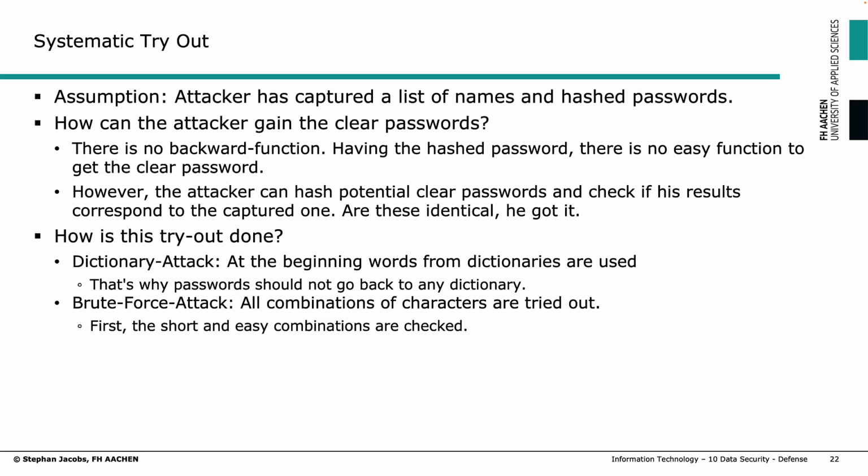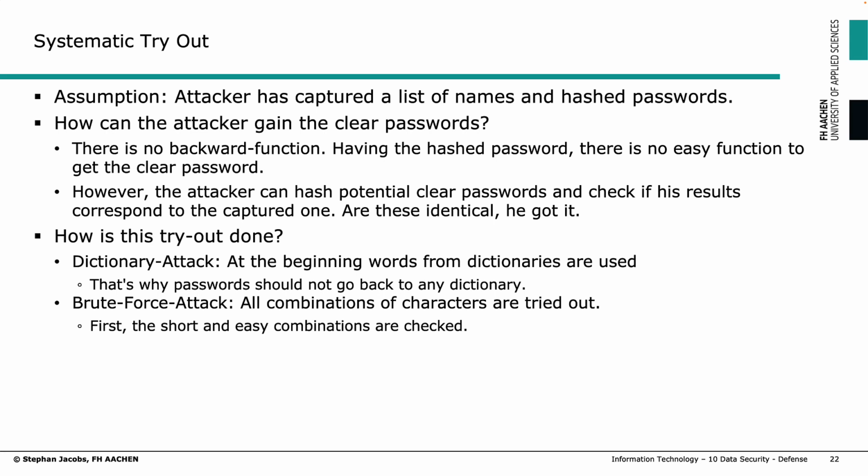The situation becomes even worse if the following happens. An attacker has captured a list of names and hashed passwords. For example, think about the situation: Amazon gets hacked and loses all the combinations of customers and their hashed passwords.